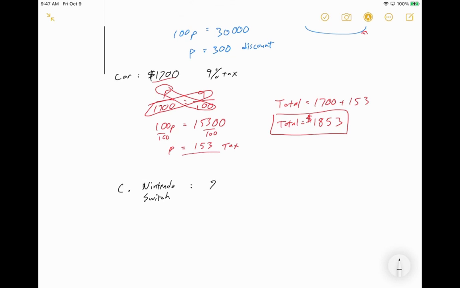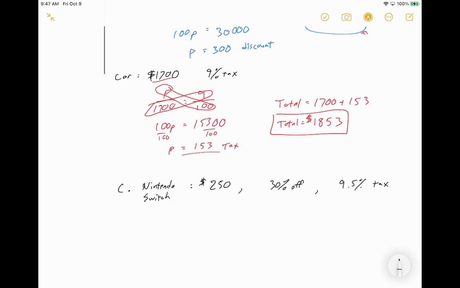And let's just say that those cost $250. Now you have a coupon. Awesome. Coupons are great. You have a 30% off coupon. But you need to pay 9.5% sales tax. All right.